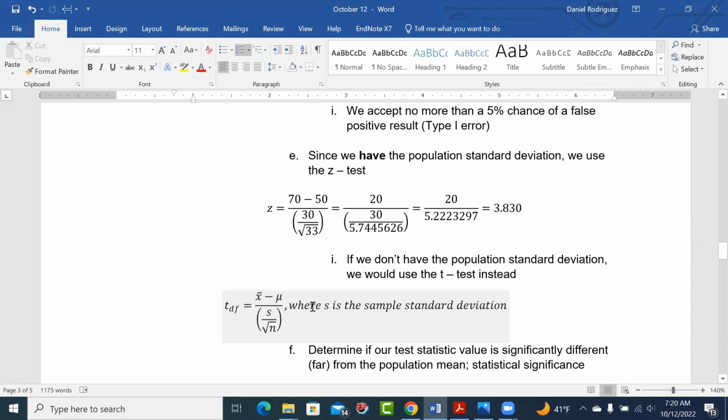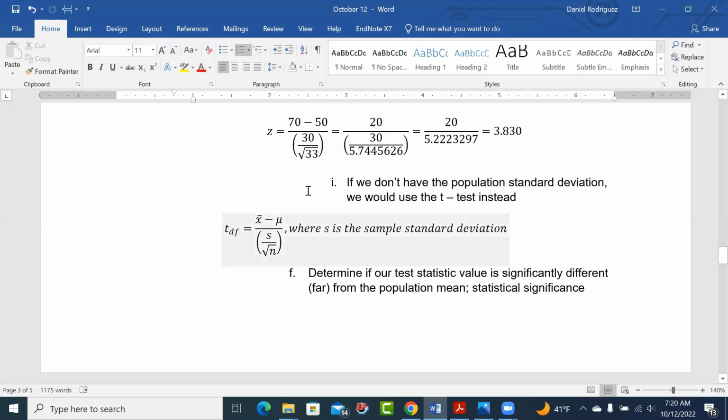This is called a t distribution, versus what we're working with right now, which is a z distribution or standard normal distribution. This is a little bit different, not much, and the two become the same when the sample size gets larger, but that's just for another time. We'll be doing that soon enough. But you need to have the population standard deviation to use the z-test.